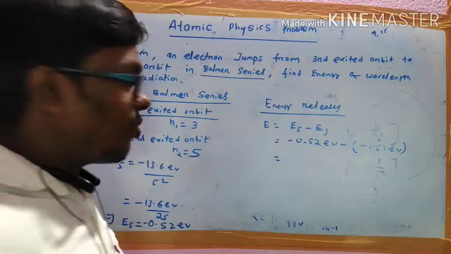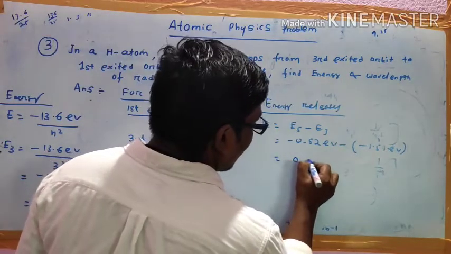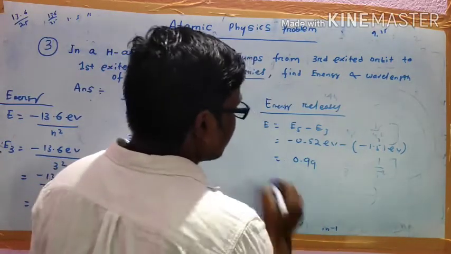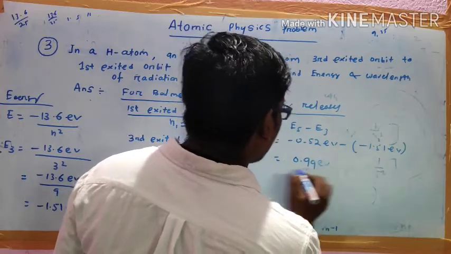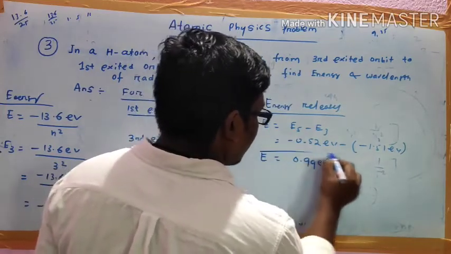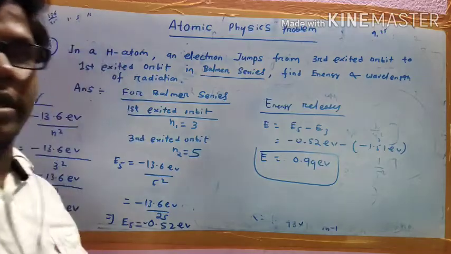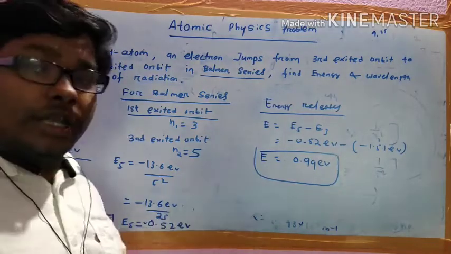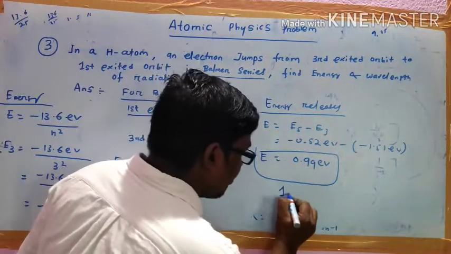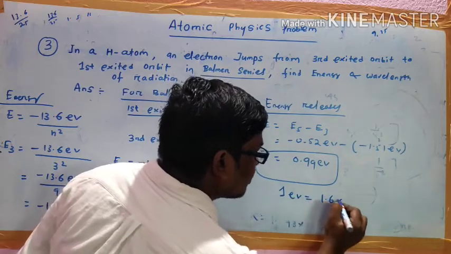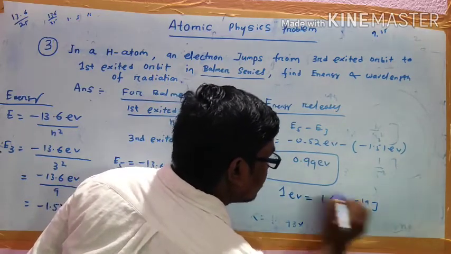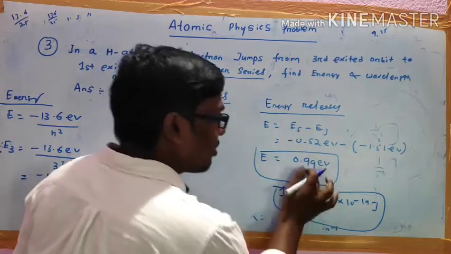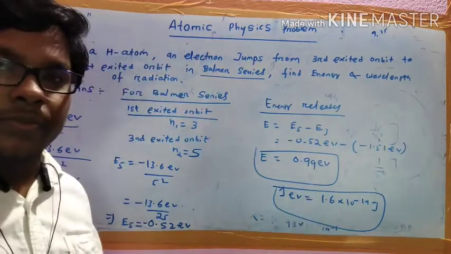This becomes 0.99 electron volt. Okay, this is the energy. If you want to make it in joule, you can put 1 electron volt is equal to 1.6 into 10 to the minus 19 joule. If you put this value over here, you will get the answer.